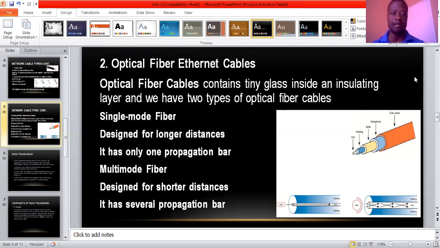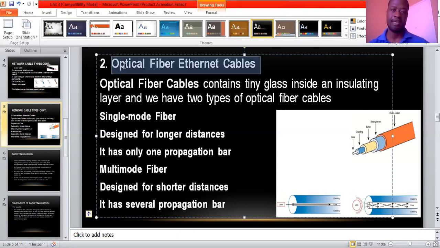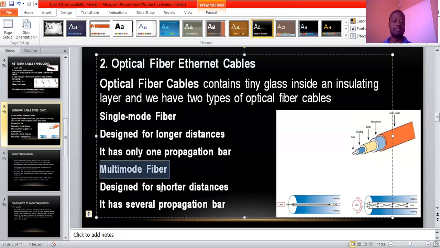The second type is optical fiber cables, and we have only two types of them: single mode and multi-mode. Multi-mode is for shorter distances and single mode is for longer distances. So if you're intending to cover a large distance, then you should go for single mode fiber cables.